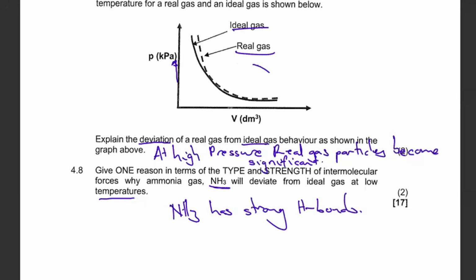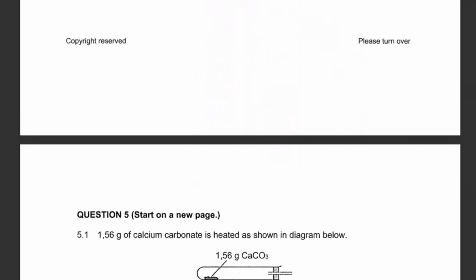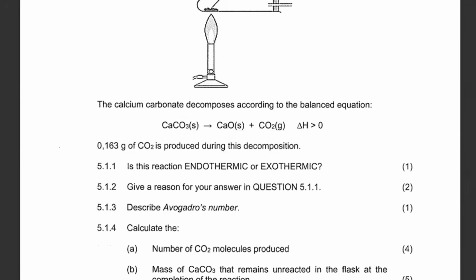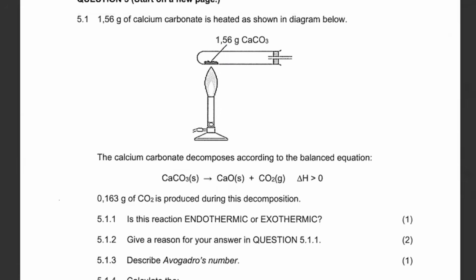Then we move on to question number 5. Question number 5 reads, 1.56 grams of calcium carbonate is heated as shown in the diagram below.